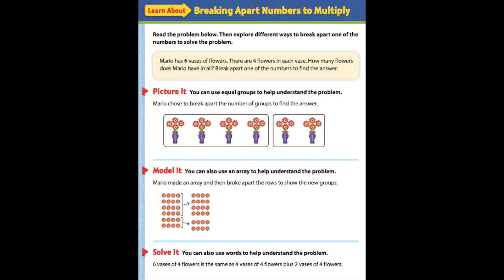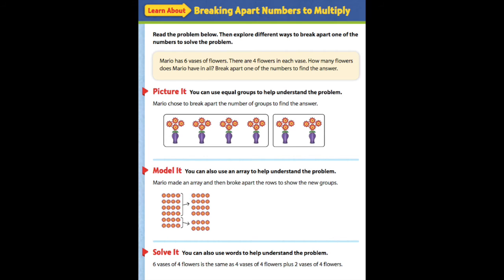All right, let's look at our model. It says you can also use an array to help you understand the problem. Mario made an array and then broke apart the rows to show new groups. So he made his array and then he broke it apart the same way. He broke the array into 4 rows and then the 2 rows.